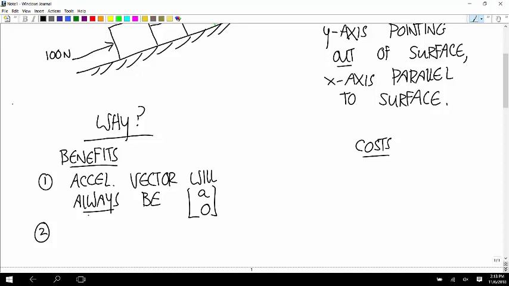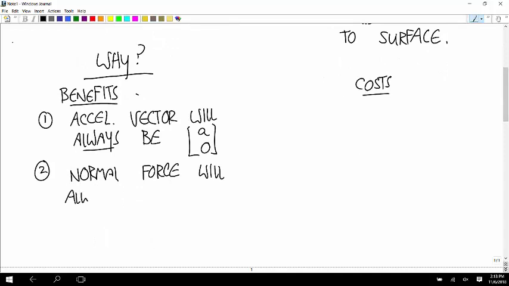The second benefit is that the normal force that's applied to the object from the surface will always be (0, n). That benefit is basically the same as the one with the acceleration.